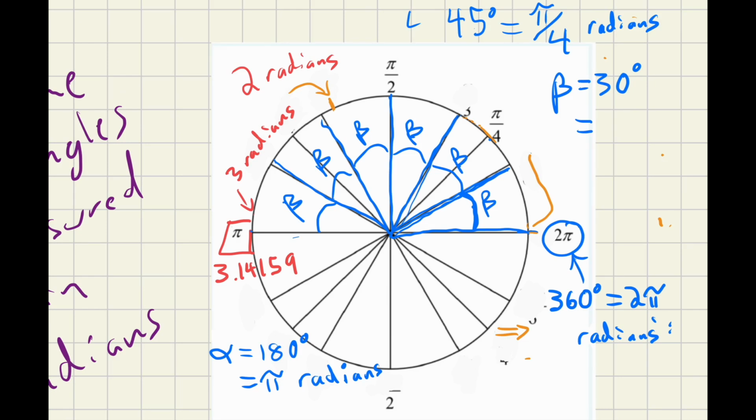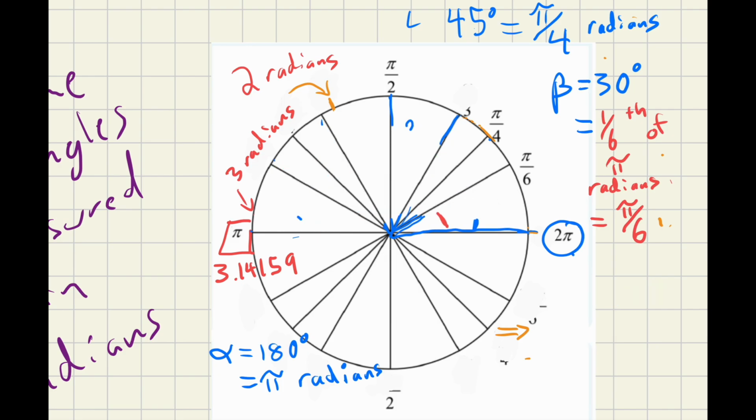And so in terms of radians, if there are pi radians in half the circle, and we find 1/6 of pi radians, that means that beta is just pi over 6. That's why this angle here is pi over 6 radians. That's the first smallest angle coming off the standard position.